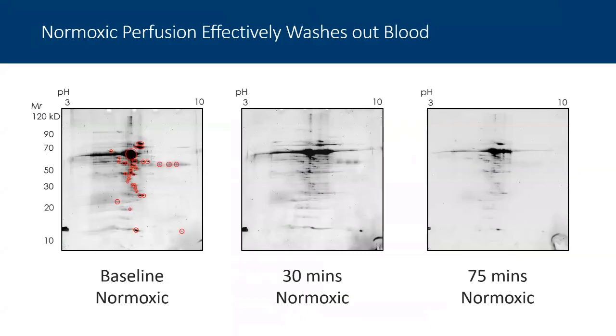If we circle them in red, you can see that our most abundant protein, albumin, even though it's still there, is coming down in its relative abundance over our normoxic period, from the end of baseline, which is 20 minutes after hanging, 30 minutes of normoxic perfusion, or 75 minutes. So albumin's coming down and we're getting washout of additional proteins as well. It really means we're able to start looking at proteins that might be released from the heart in response to what perfusion protocol we do actually use.